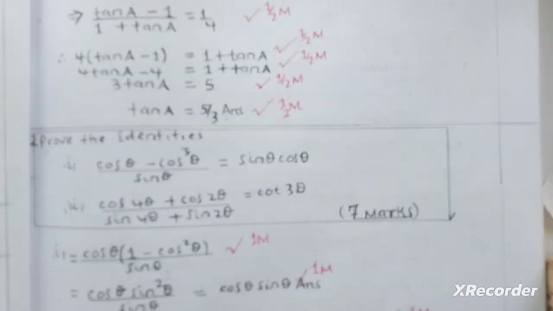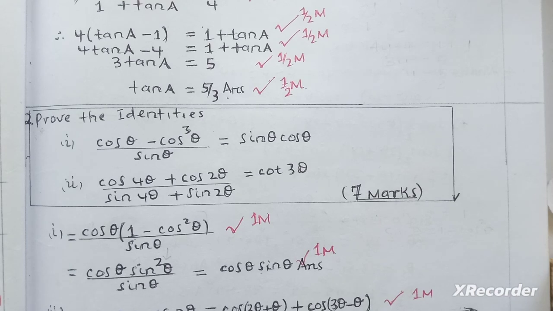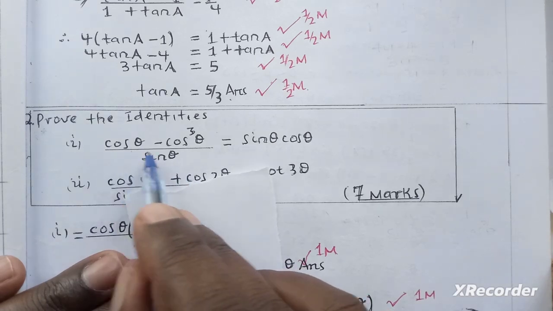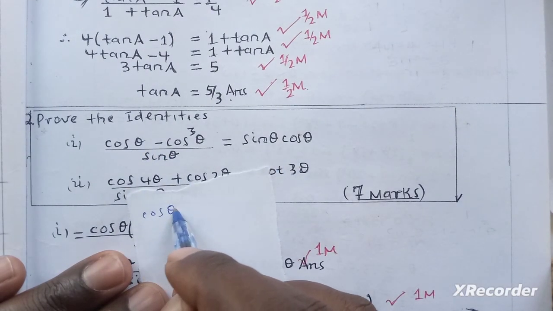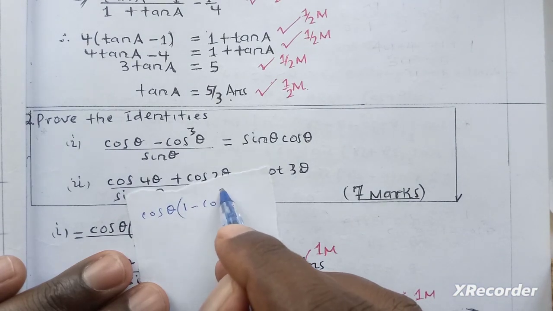Prove the identities. So the first identity we prove, we are proving this is equal to that. We say cos theta, we factor out cos theta, we get 1 minus cos cubed.